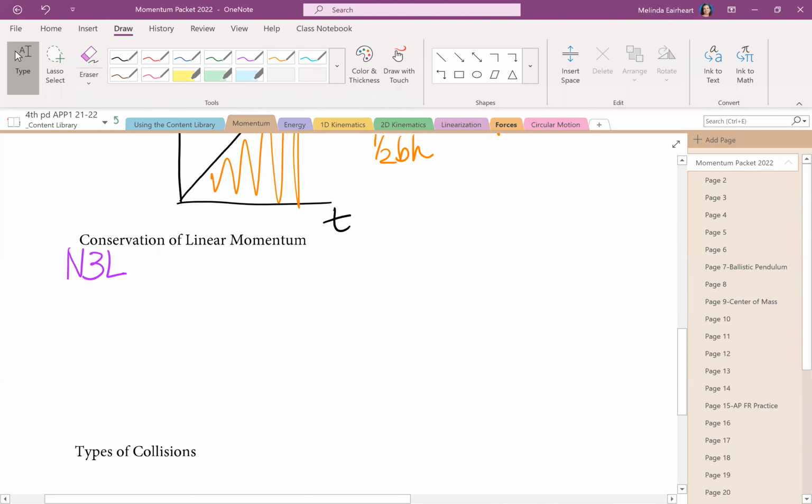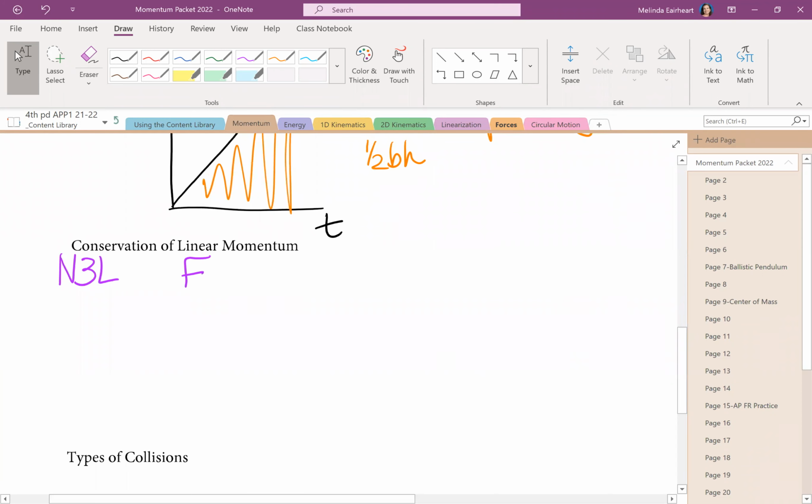What is Newton's third law? Equal and opposite reaction. So the way I'm not going to write it out, I'm just going to symbolize it. If I have one ball or whatever, one car, hit another object, the force on one is equal to the force on the second object, right?